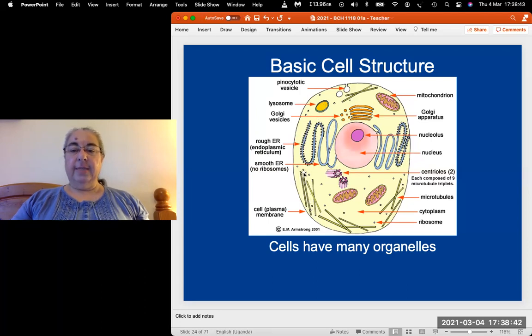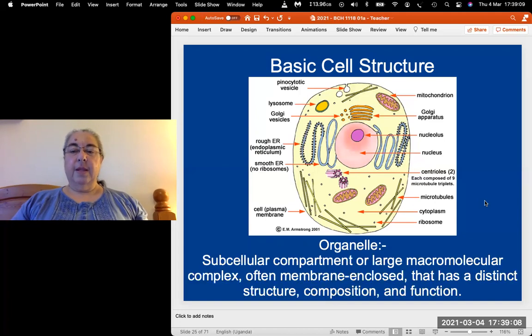Here we can see some hints of the cytoskeleton, which gives the cell structure. So these are microtubules. And little dots, which are ribosomes, producing proteins in the cell. So we'll be looking at all these different organelles next time and seeing exactly what they do and how they do it to some extent.